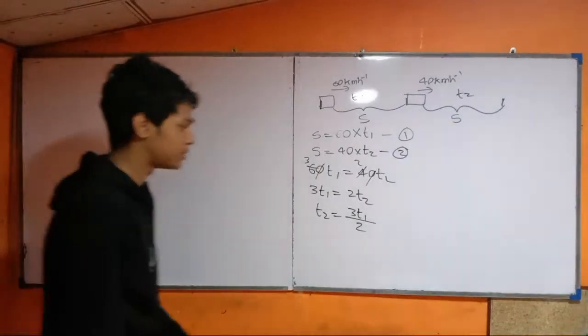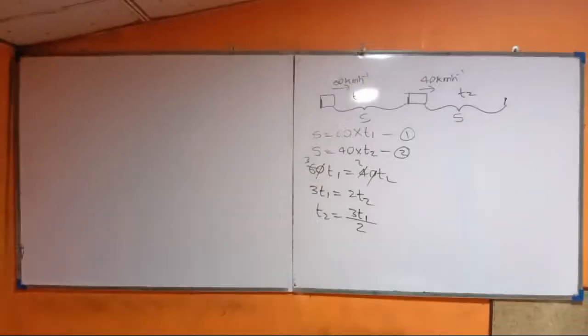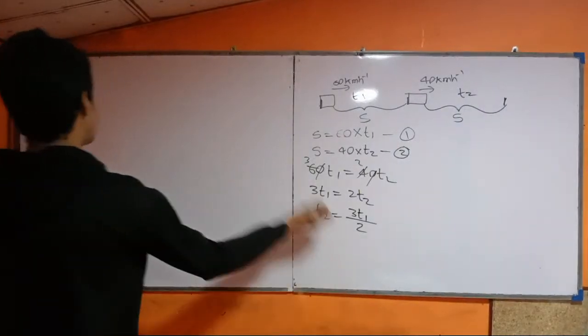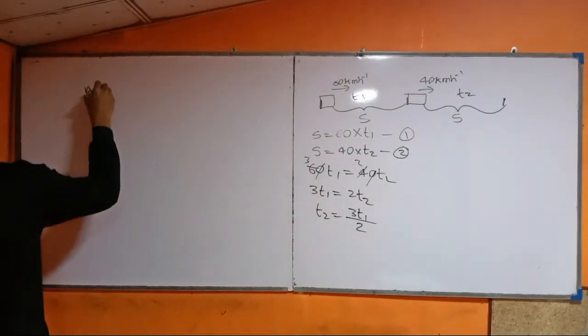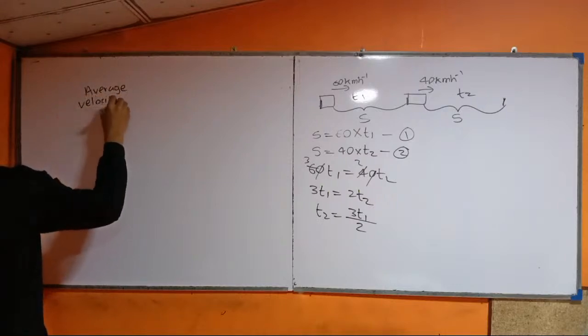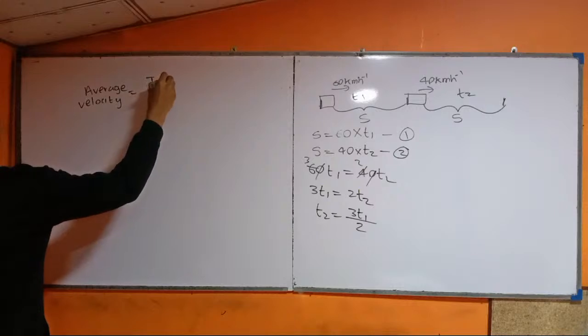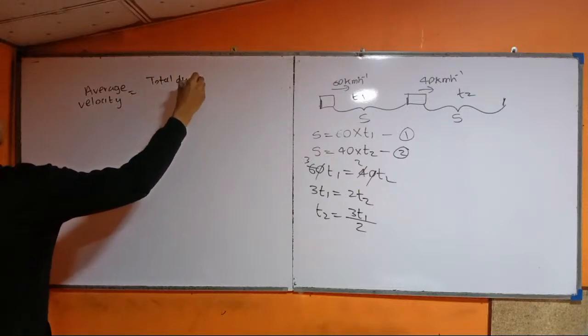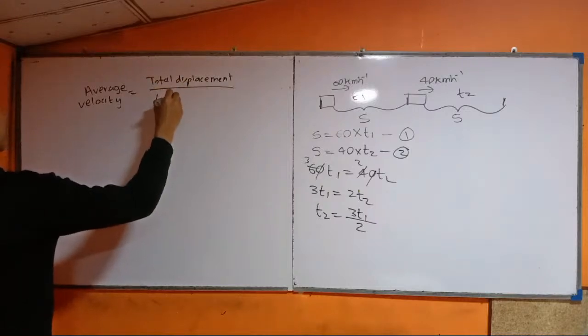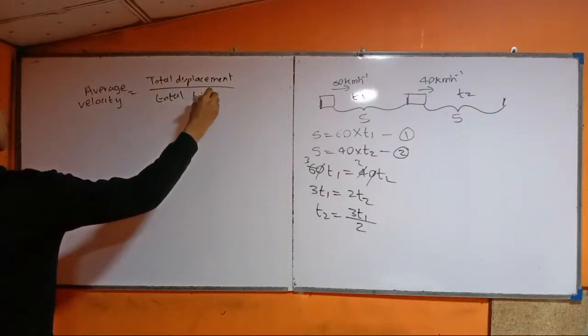After that, you're going to make a relationship for average velocity. Average velocity is equal to total displacement divided by total time.